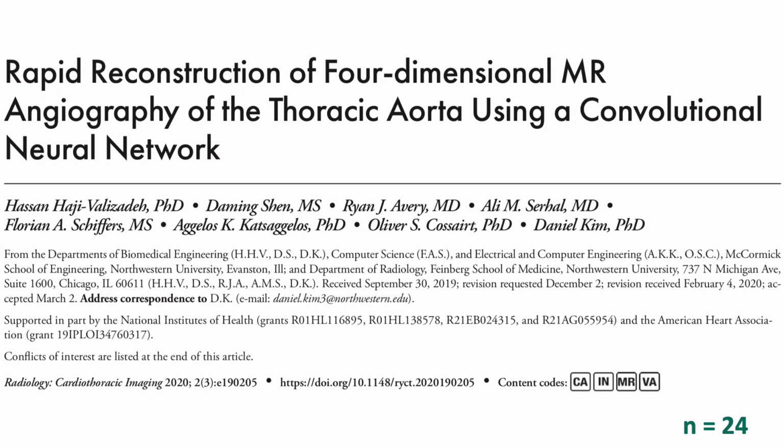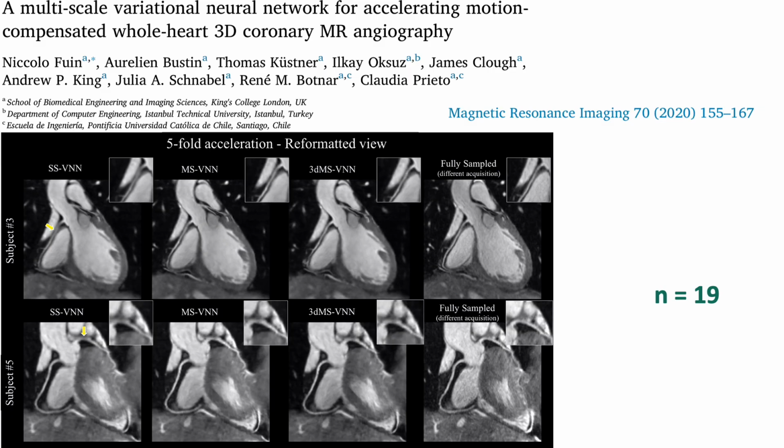And one study looking at reconstruction of k-space data for thoracic aortic MRA and comparing the conventional approach to a GPU-driven approach using deep learning. Again, all relatively small studies.